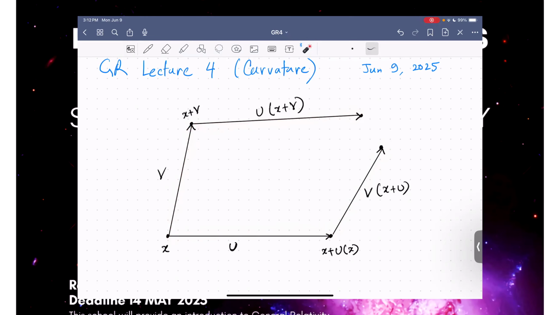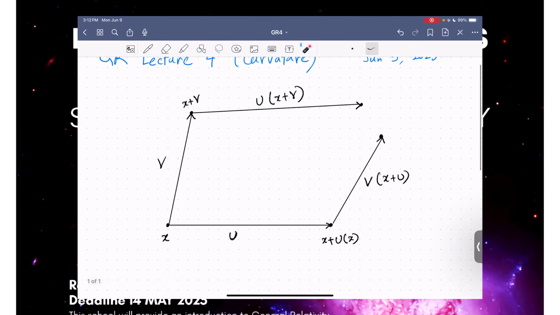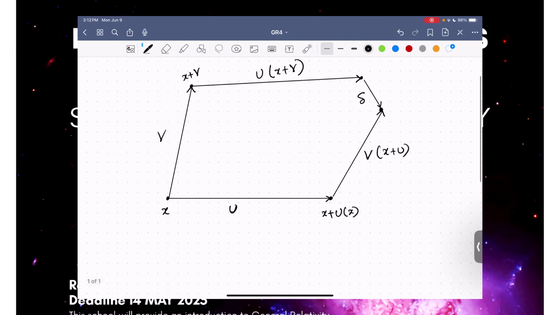Now, in general, you will not end up at the same place, so you will end up at different places. We are going to quantify this difference as well. But for now, let me say that we will always close this gap by whatever is necessary. So let's call this difference delta. Let's see what delta is.